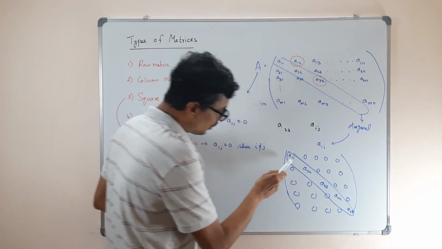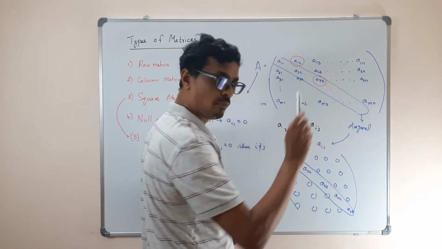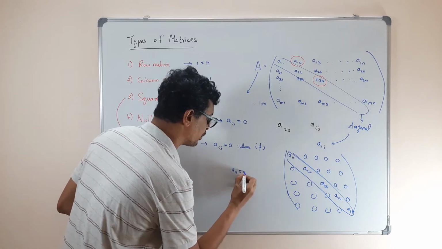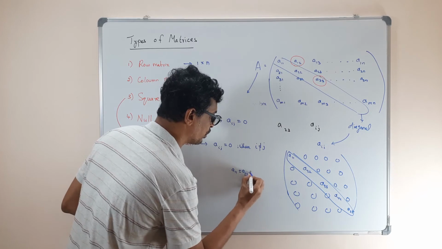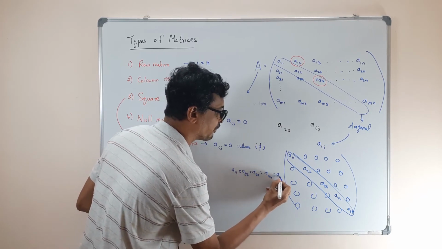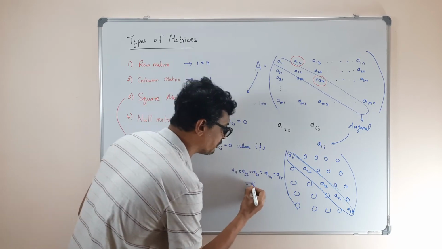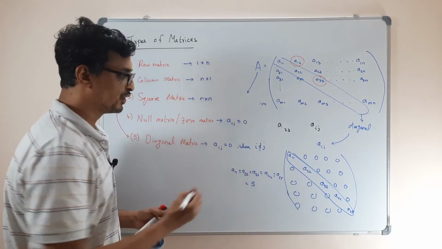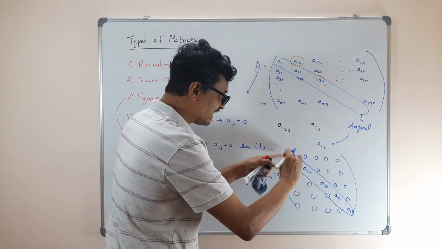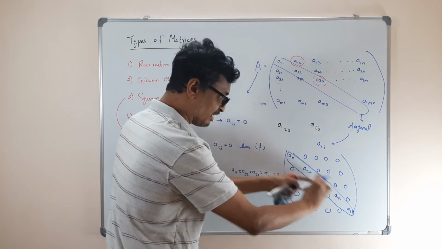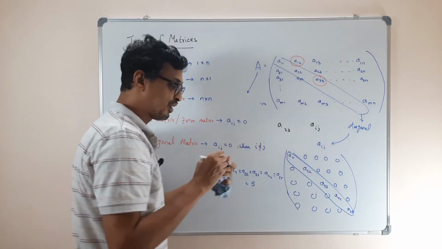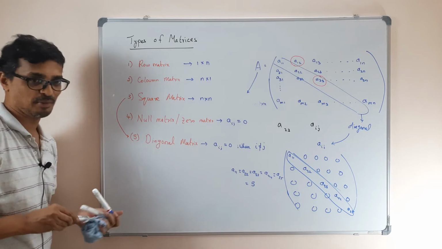Now if all these diagonal elements are the same, for example, A of 1,1 equal to A of 2,2 equal to A of 3,3 equal to A of 4,4 equal to A of 5,5, or say some number equal to 5 or 2. So then what happened? This is like 5, 5, 5, 5, 5. Right? So that matrix is a diagonal matrix, but all the diagonal elements are equal. You call that matrix a scalar matrix.